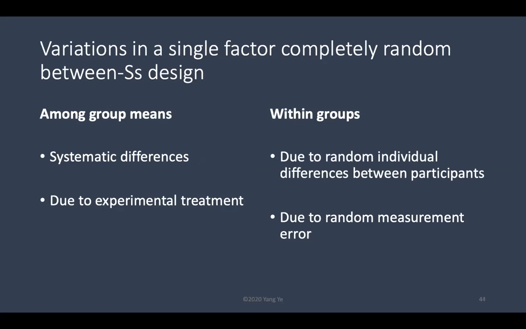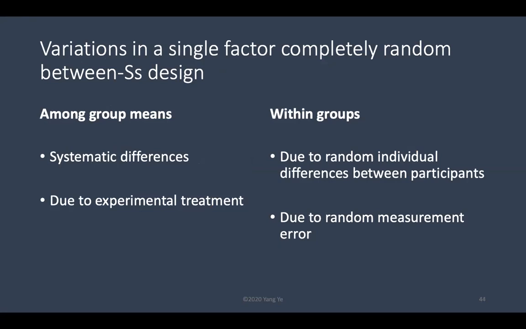So again, in our design, which is a completely random between subjects single factor design, the variation can be broken down into two kinds. One is the variation among the group means. This is more systematic, and it happens due to the experimental treatment, right?